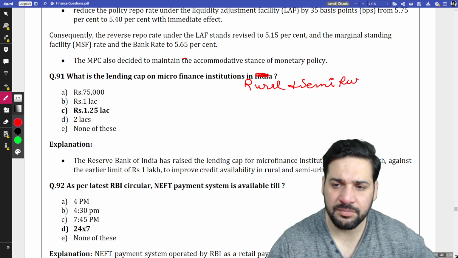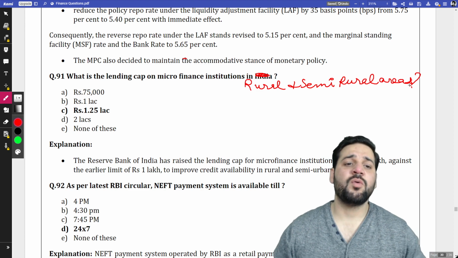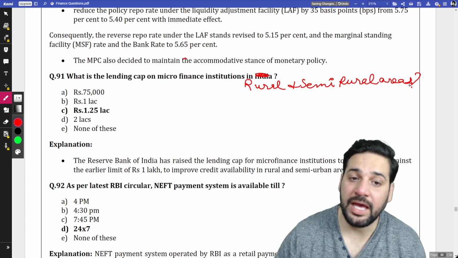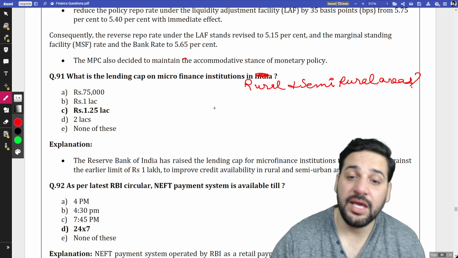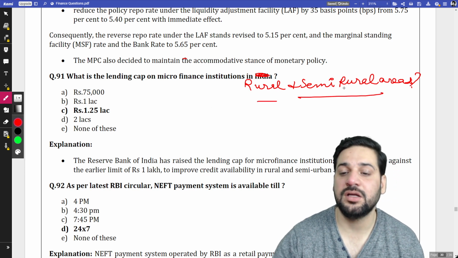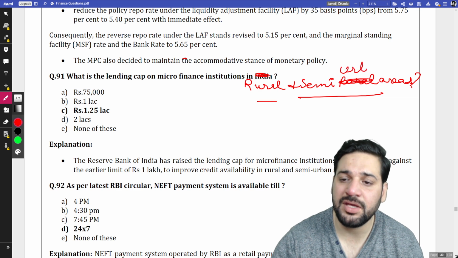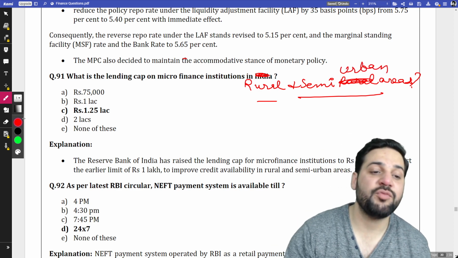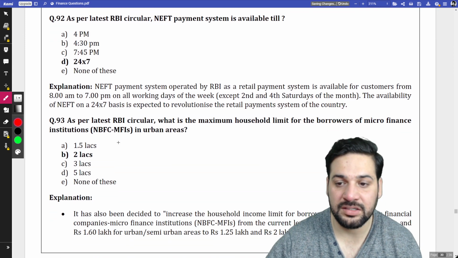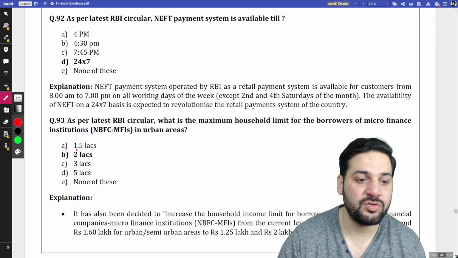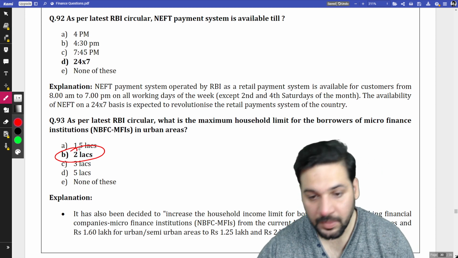The question was incomplete earlier. The limit is 1.25 lakh, and for urban areas it is 2 lakhs. So very important.